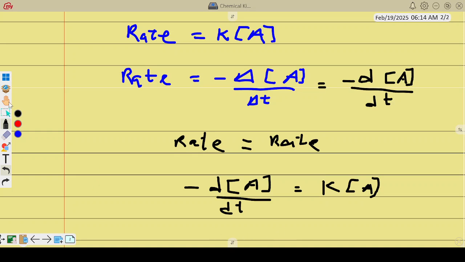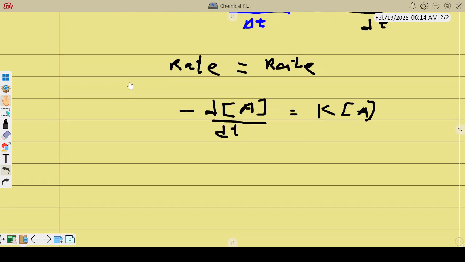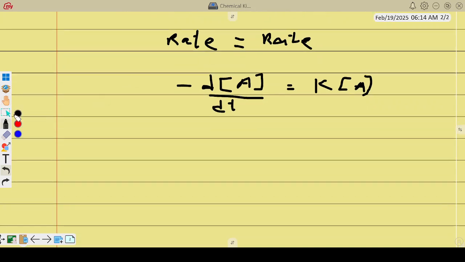Our aim will simply be to have the concentrations together on one side. This concentration, you should make sure it finds its way to the right hand side. Firstly, let's get rid of the negative.